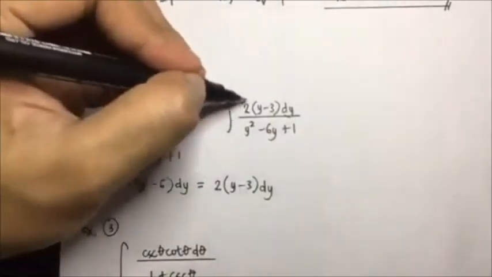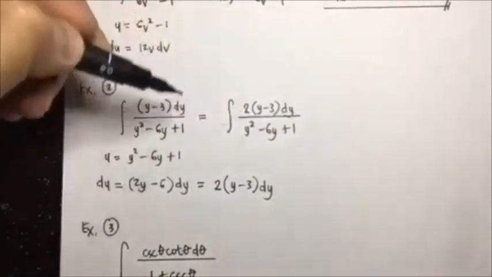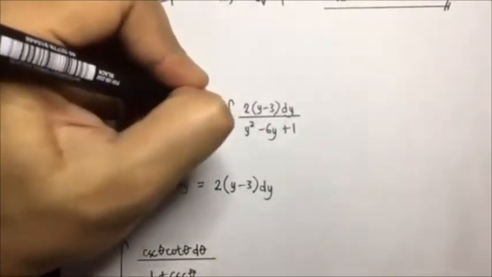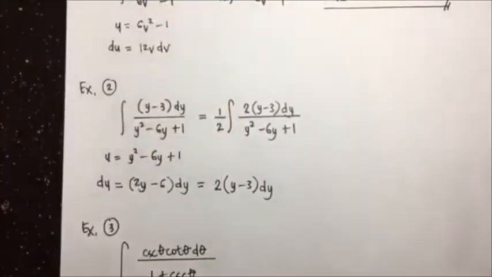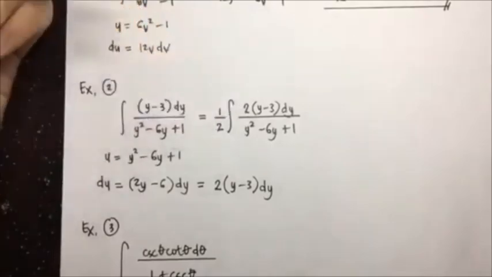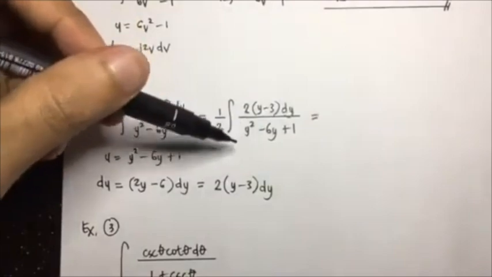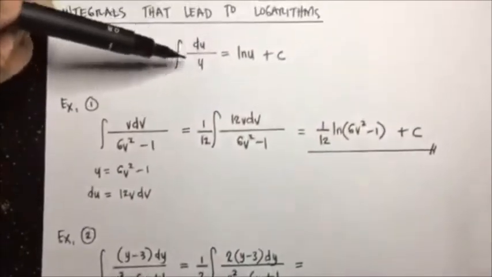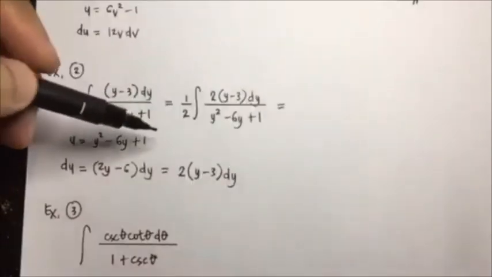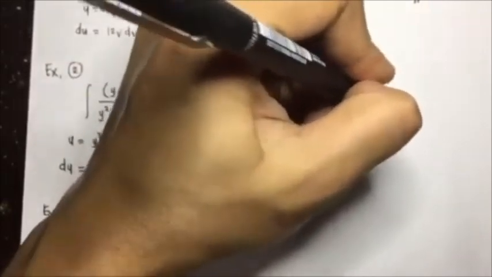Then in writing 2 in the numerator, we must write 1/2 outside the integral sign to balance that out. Since the numerator is now the complete differential of the denominator, we can apply this formula again. So this will become 1/2 ln of y squared minus 6y plus 1 and then plus c.